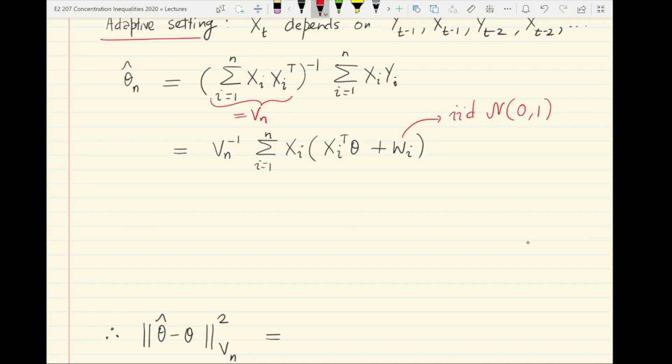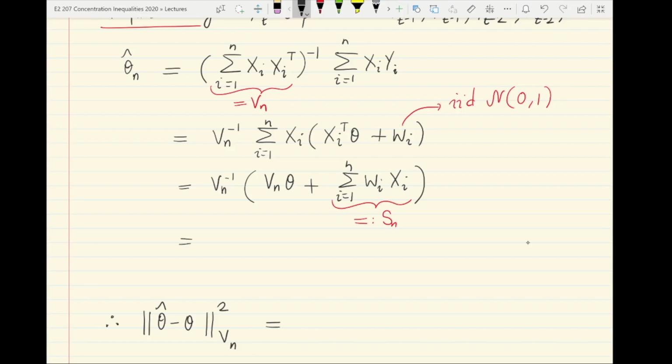Let's assume we normalize the variance of the noise to 1 in whatever follows. If you distribute the inner sum, you get Vn times theta by definition, plus the second sum, which is the sum of wi xi. Let's call this sum Sn.